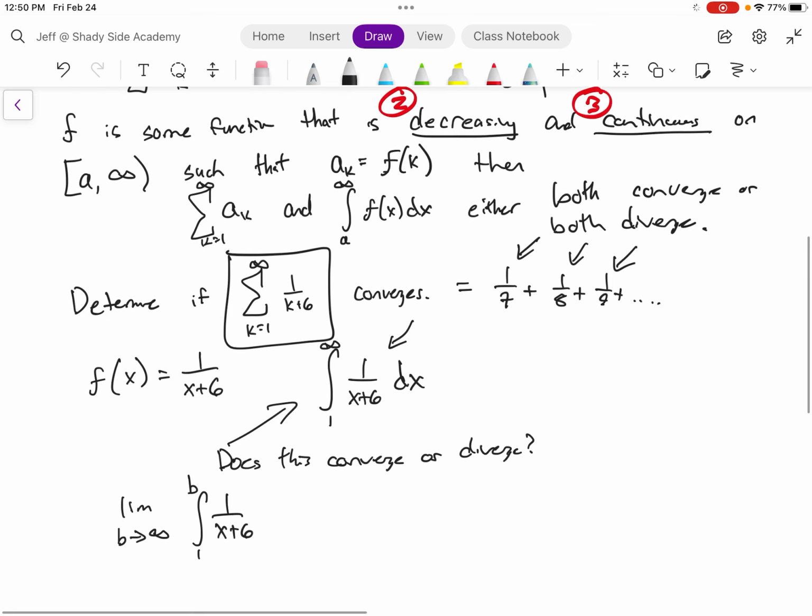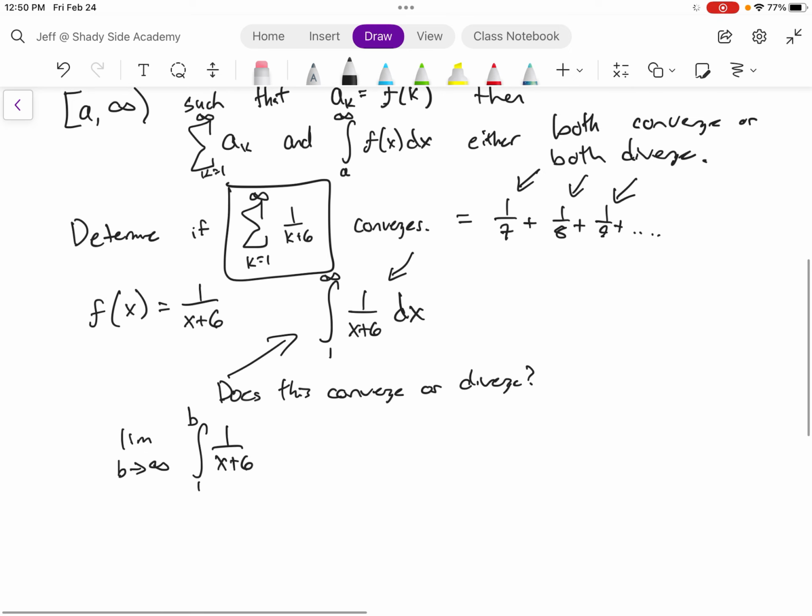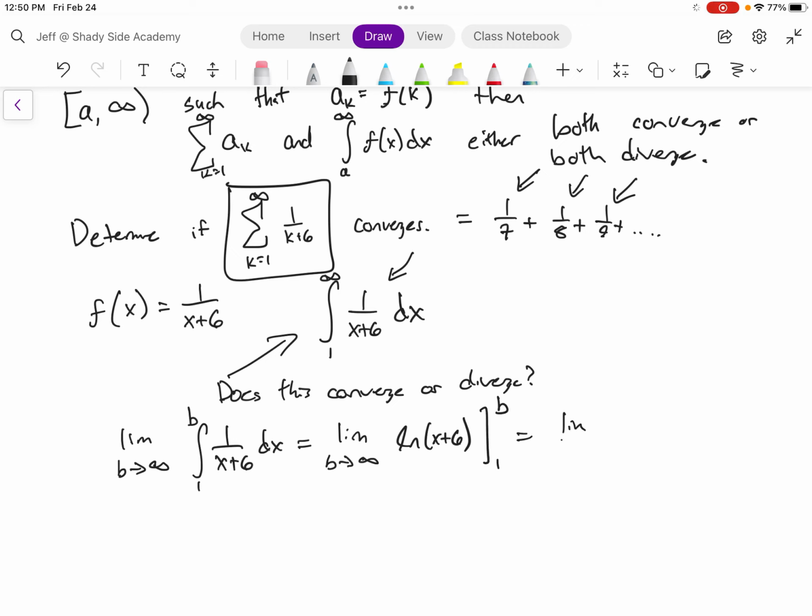Okay, so does this thing converge or diverge? We are now trying to evaluate this integral. Well, fortunately for us, this is kind of easy. This is just a limit as b goes to infinity. No need to do anything fancy here. This is just the ln of x plus 6 evaluated at 1 and b. So that, of course, is the limit as b goes to infinity of ln of b plus 6 minus ln 1.